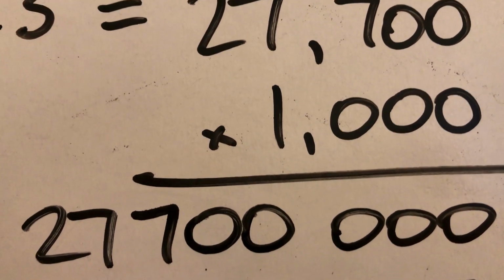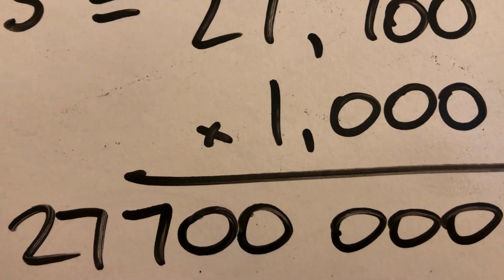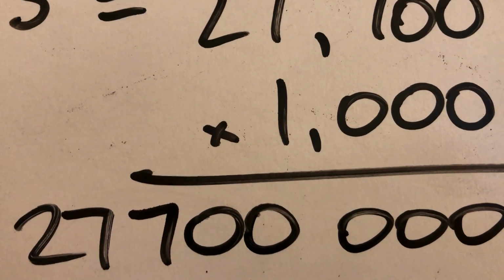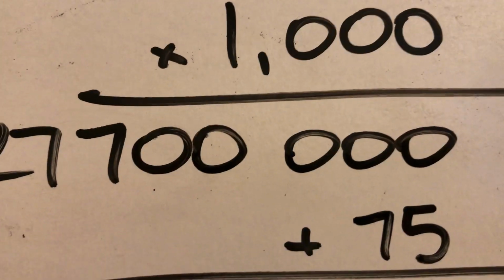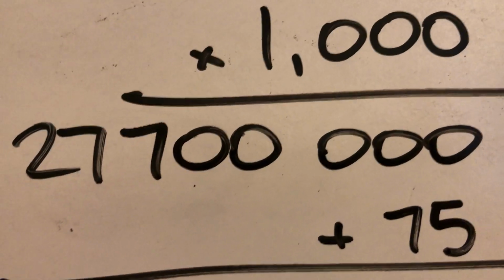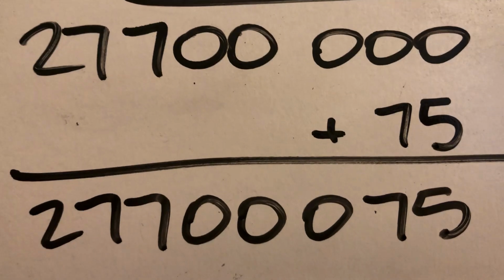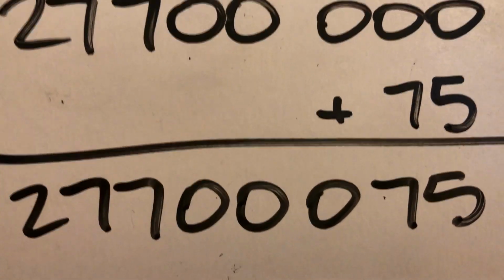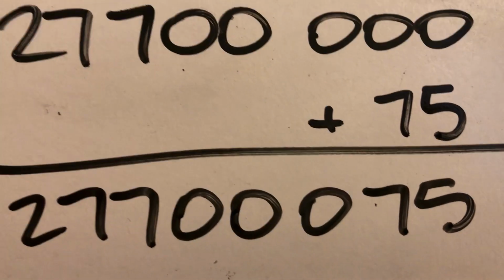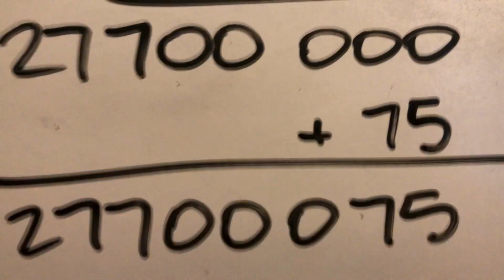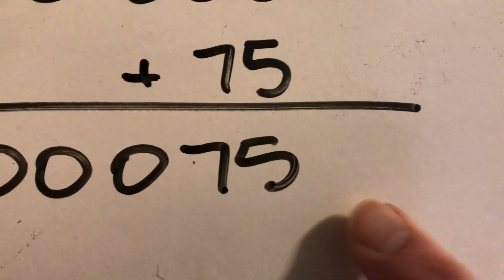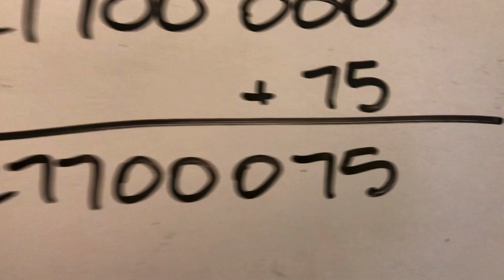And then to that, we have to add today's star date to get the last few digits. Today's star date is 75. So the actual star date, unabbreviated, the unabridged version of today's star date, is 27,700,075. And then you would add the 0.5 right here to represent that half of the day is over.